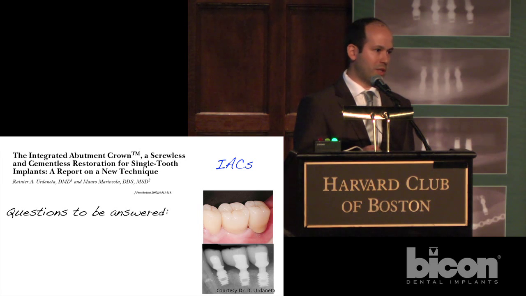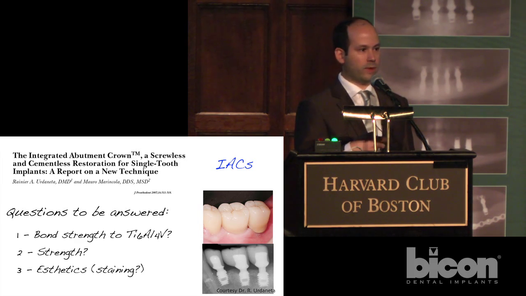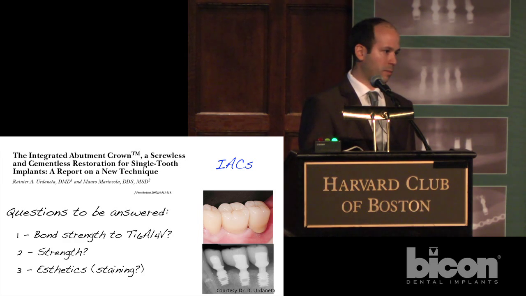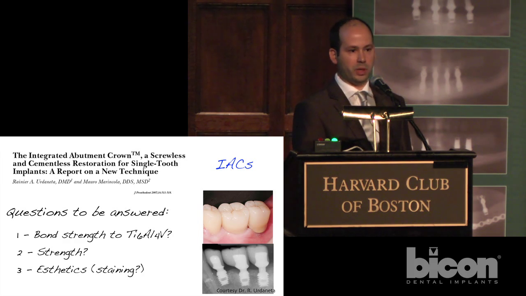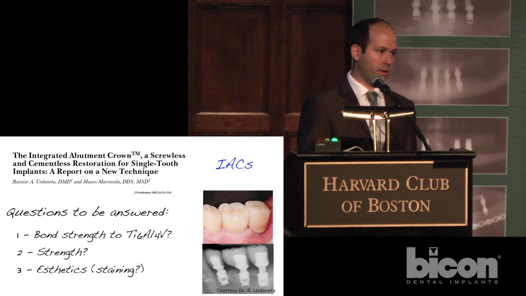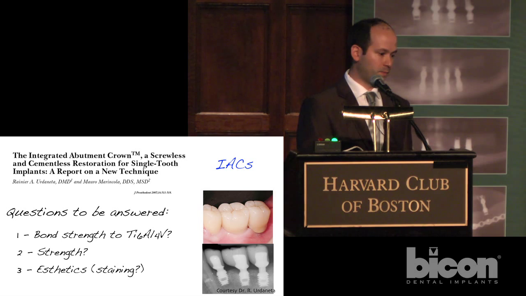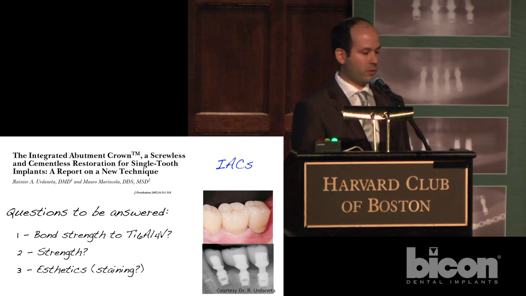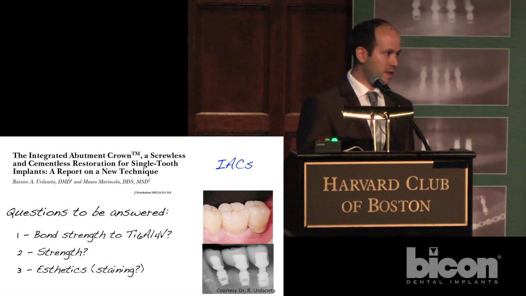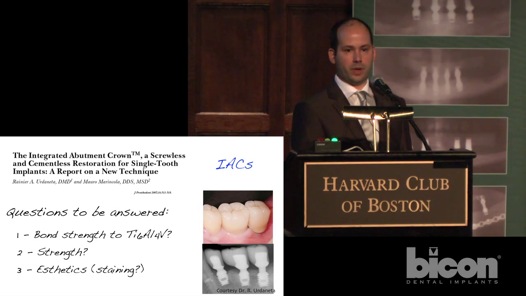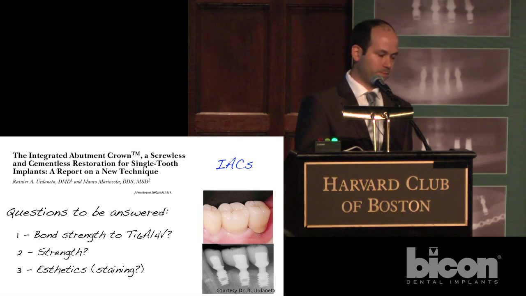One of the questions that we thought of is: how good is the bond between the composites and titanium? It has to be a strong bond in order to withstand occlusal forces, especially in the molar region. Strength, that's an obvious question. And aesthetics, why aesthetics? Because composites stain, don't they?